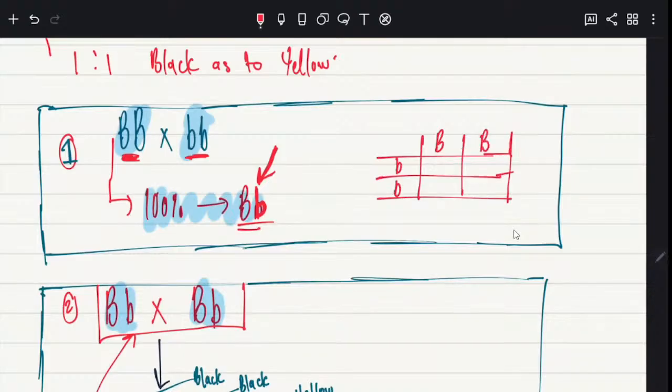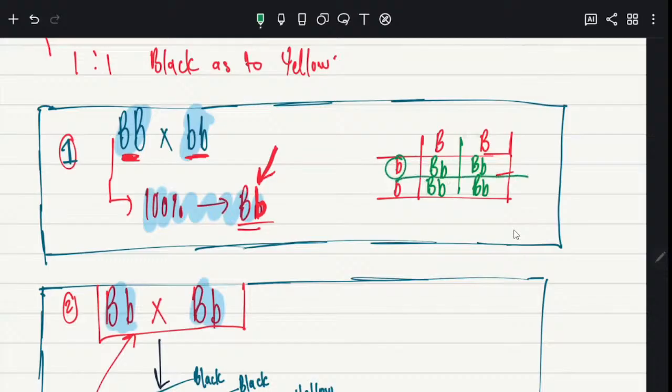Do you agree? Let's cross. Because this one meets this one, you get big B, small b. Then this big B meets this small b, you get it here as well.